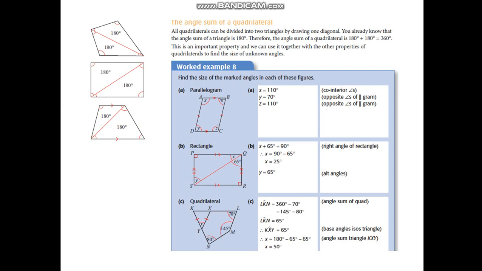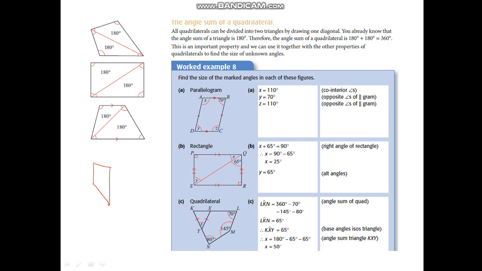Okay, the angle sum of a quadrilateral. All quadrilaterals can be divided into two triangles by drawing one diagonal. For example, this shape is a rectangle or quadrilateral.